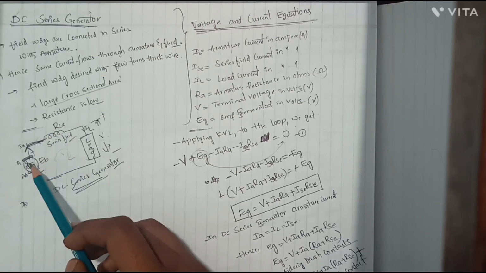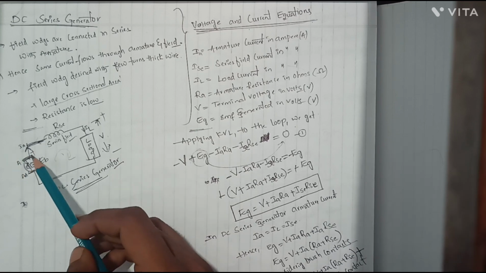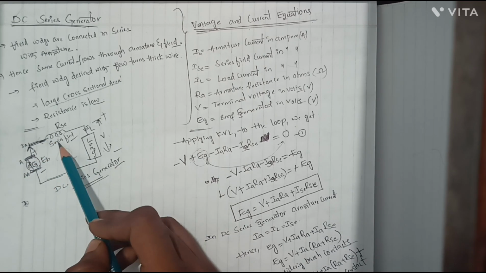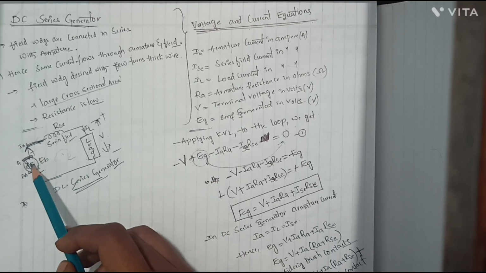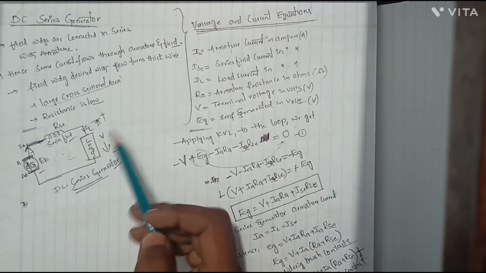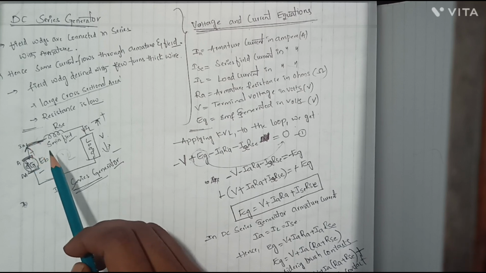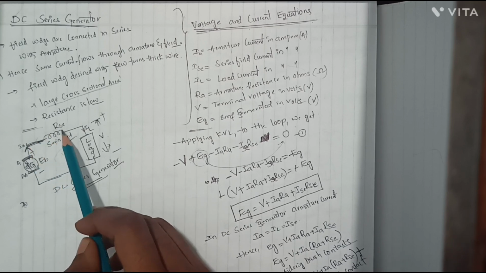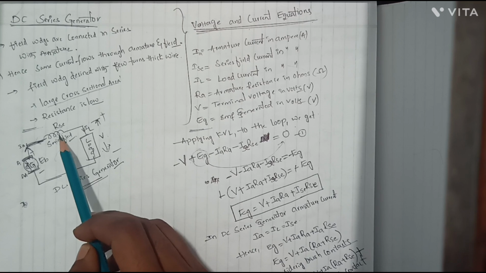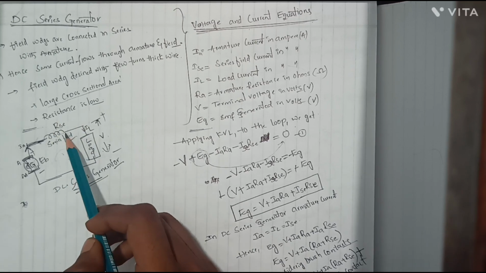Due to the series connection, the same current flows through the armature and the field resistance. The voltage across the armature is equal to the terminal voltage. The series field winding is designed with few turns of thick wire with a large cross-sectional area, so its resistance is very low.